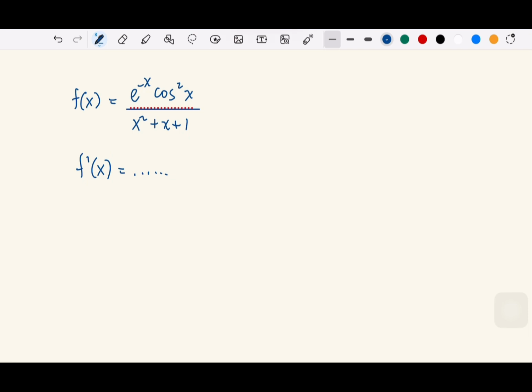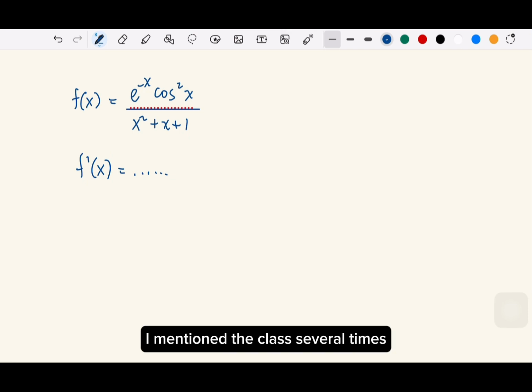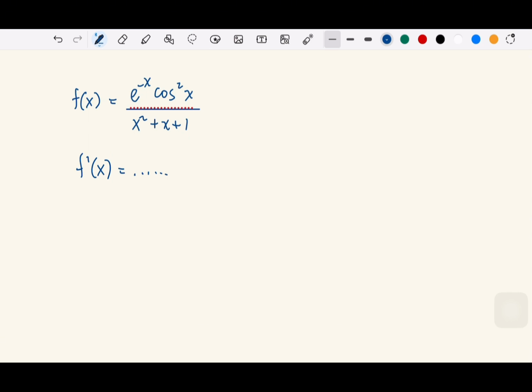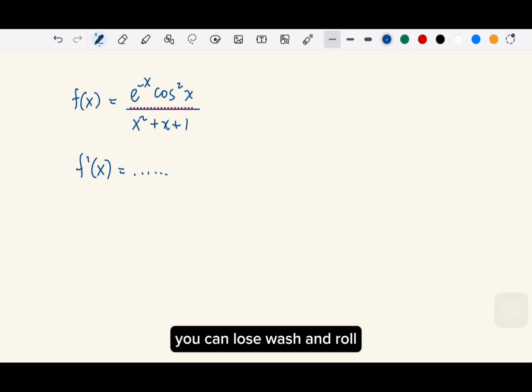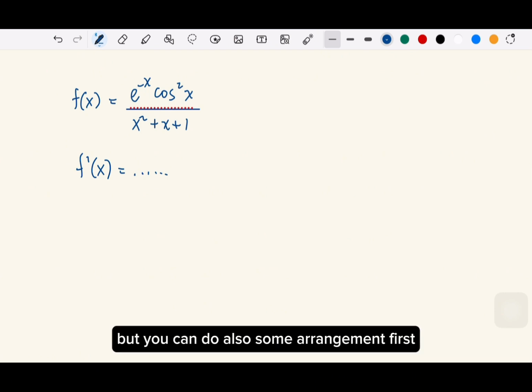I think I mentioned in class several times that there are many paths you can take. You can directly, okay, it's a fraction, so let's do the quotient rule. But do you want to do the quotient rule? It's up to you. It's doable. You can do the quotient rule, but you can also do some arrangement first.